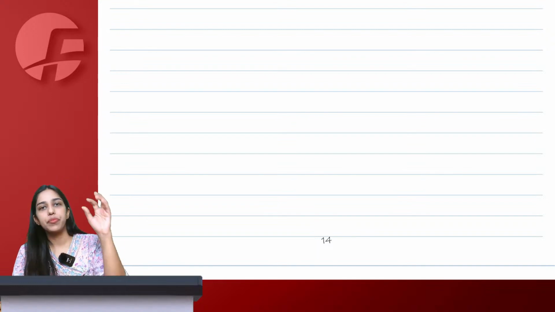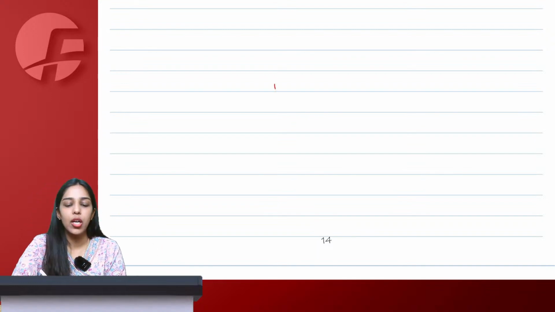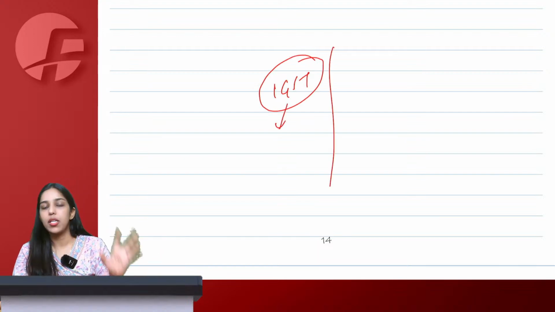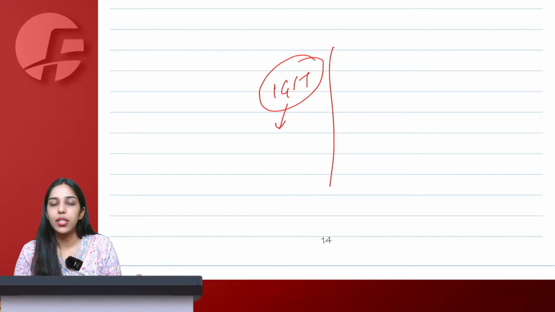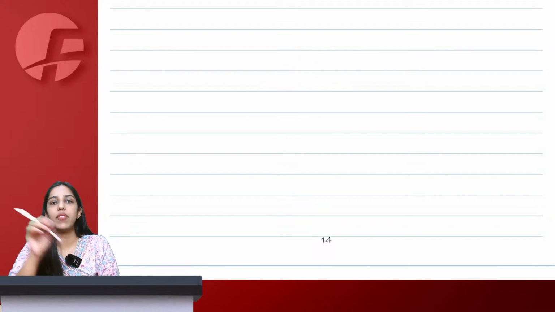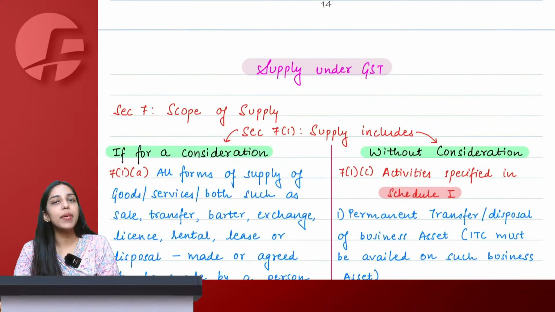Only and only 7 or 8 section of IGST Act is what we are required to study throughout the syllabus. That I will particularly mention that this what we are studying is IGST Act. Otherwise, always if it is straight up only written section 7, section 8, section 50, section 60, it is always and always of CGST Act only. I will not repeat this again and again.